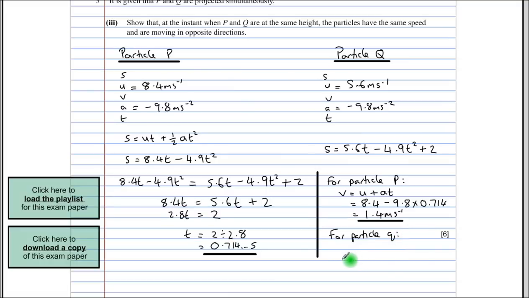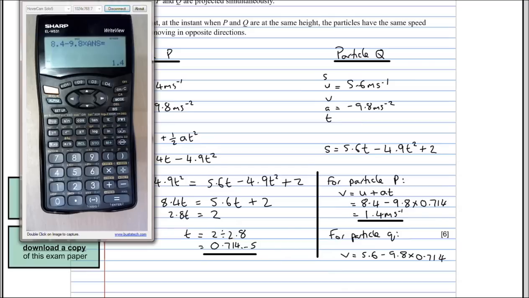So V equals U plus AT again. I won't write that out. I'll just write, this time U is 5.6 minus 9.8 times my 0.714. Remember this value here came from 2 divided by 2.8, so I might just quickly do that on my calculator again to get that value, 5 over 7.